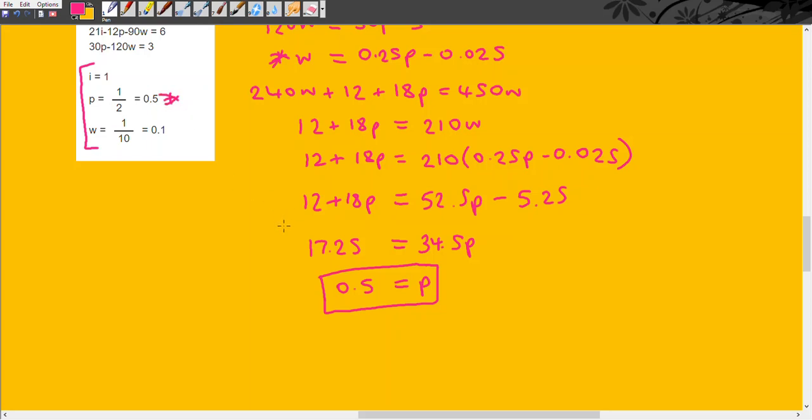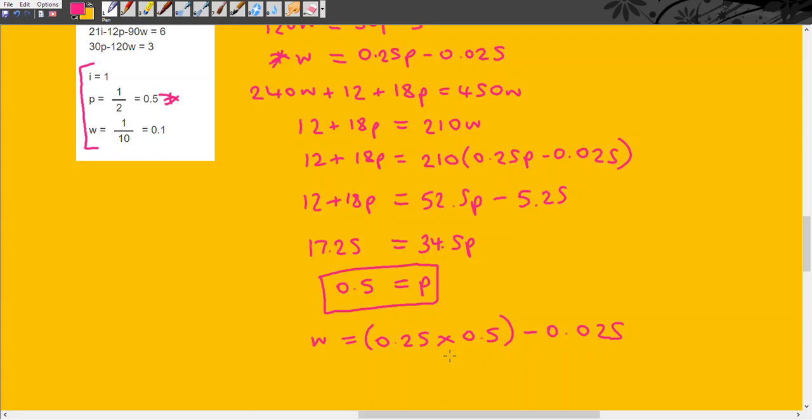And then the last step, okay, we know again wheat is equal to 0.25p minus 0.025. So again we can just multiply this out. So wheat is 0.25 times 0.5 because we know each pig is 0.5, and then minus 0.025.